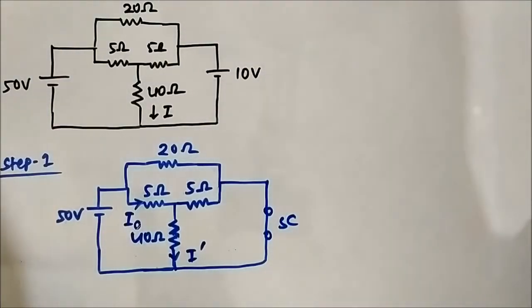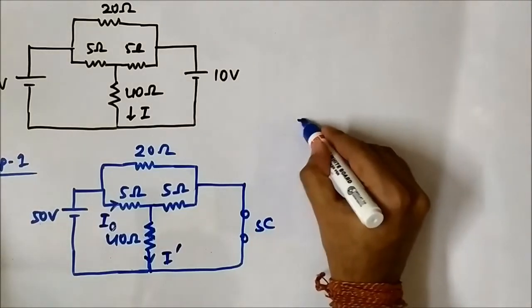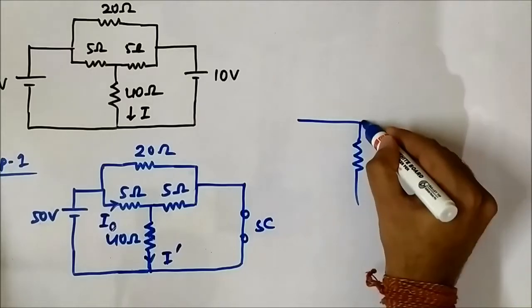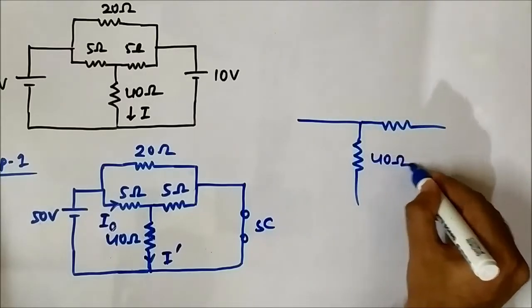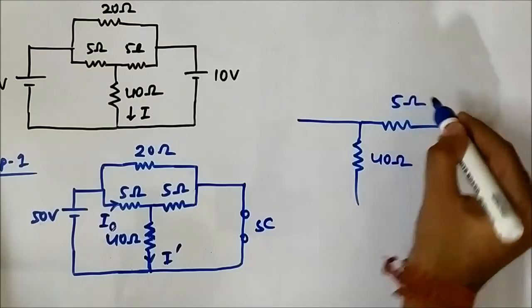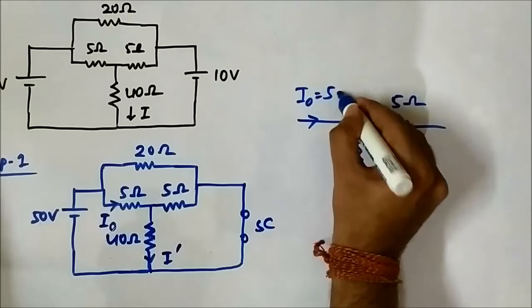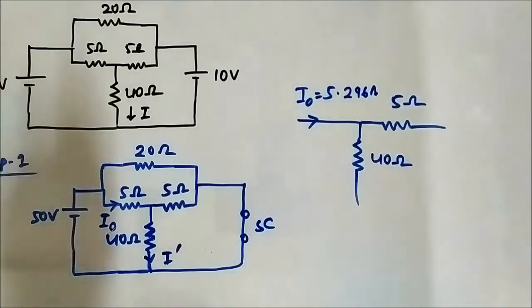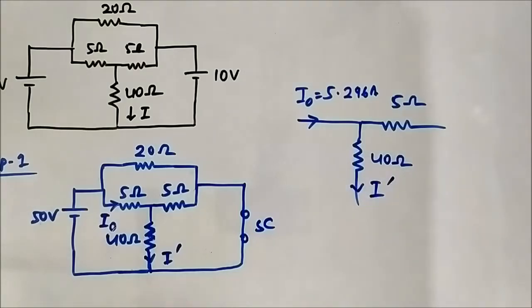Now if you look closely at this circuit, this is 40 ohm, this is 5 ohm, and this is I0 equal to 5.296 ampere, which we just calculated. We have to determine this current I dash.